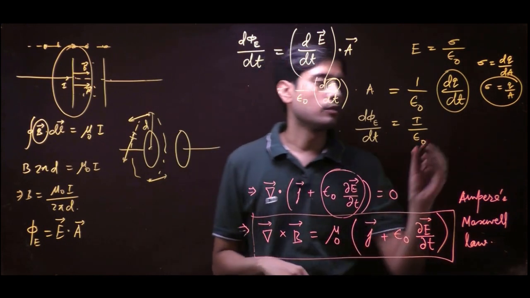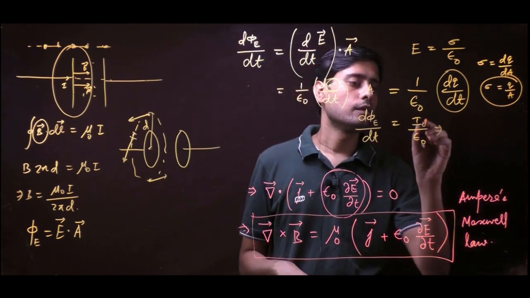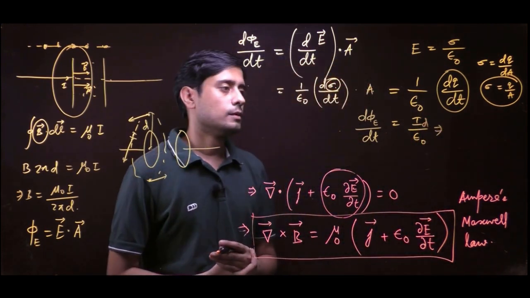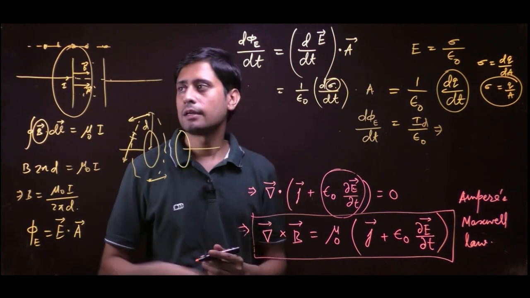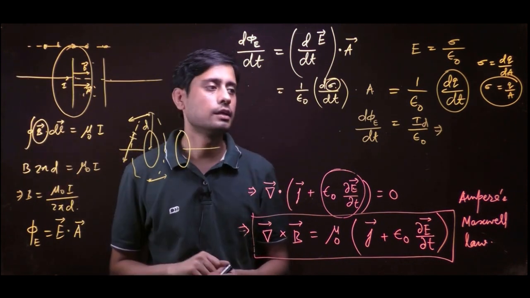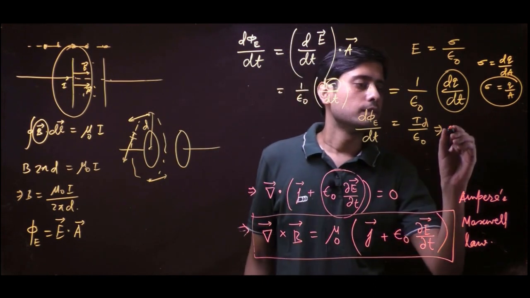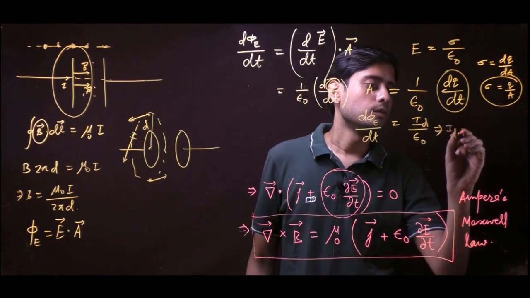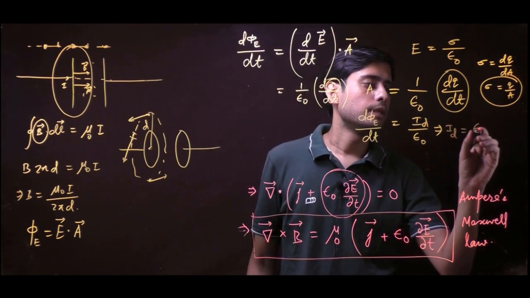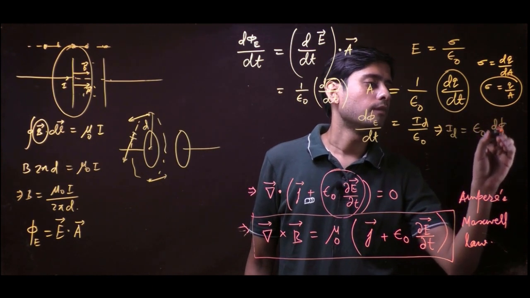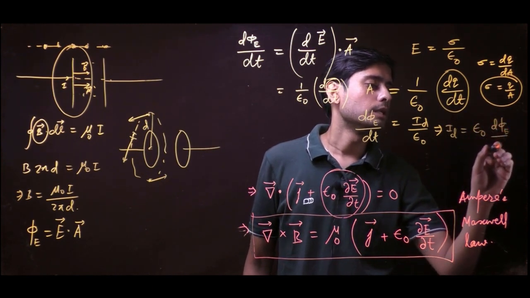That current is referred to as displacement current, and the current flowing in this wire is called conduction current. So this displacement current ID becomes epsilon naught times d phi E upon dt.